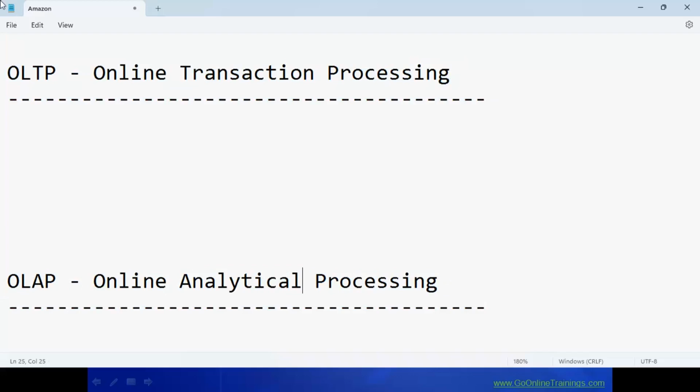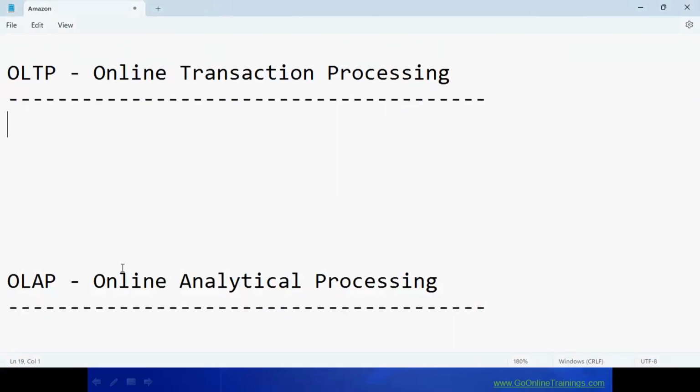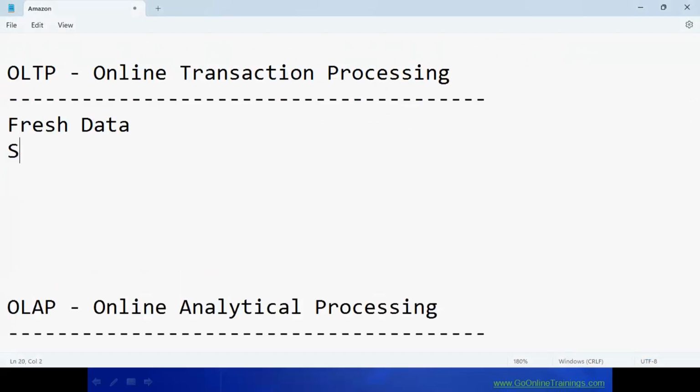There are two kinds of systems or computers available. OLTP, as we know, these are your buckets. What is the bucket size? Bucket is always going to be storing fresh water, fresh data. OLTP machines are made up of fresh data, and small size data.